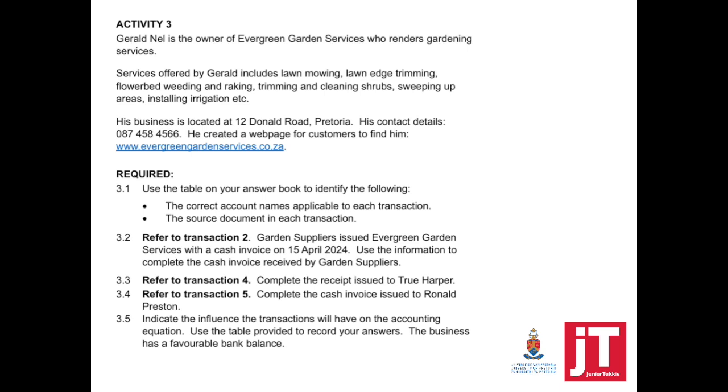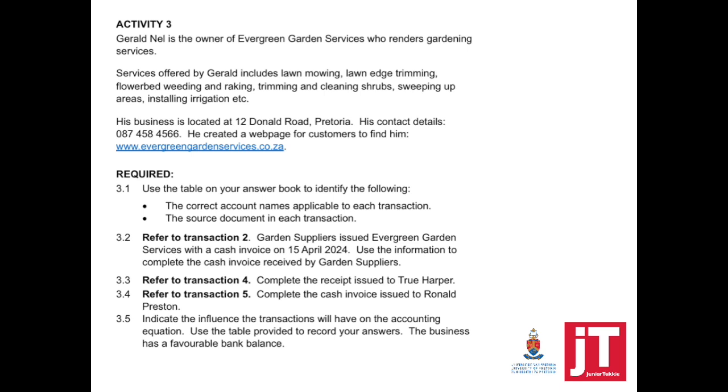Garden Supplies issued Evergreen Services with a cash invoice on 15 April 2024. Use the information to complete the cash invoice received by Garden Suppliers. So we need to look from their perspective. They issued us with a cash invoice, and how would we enter that transaction?